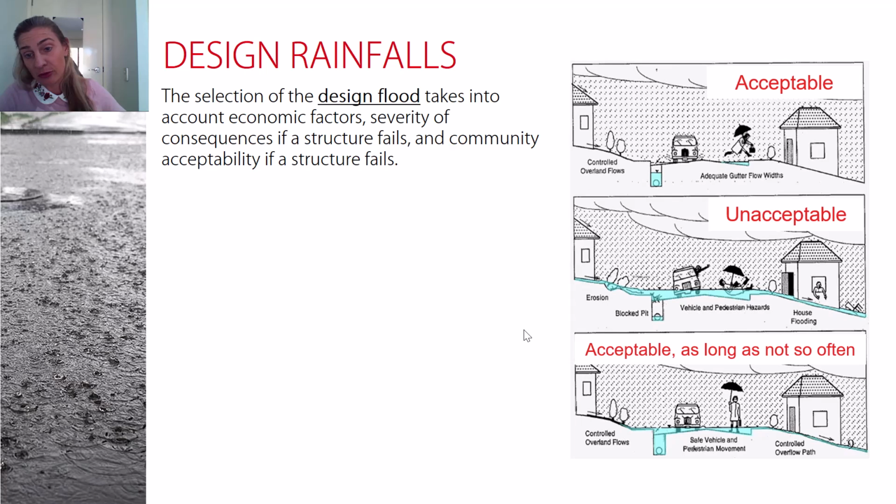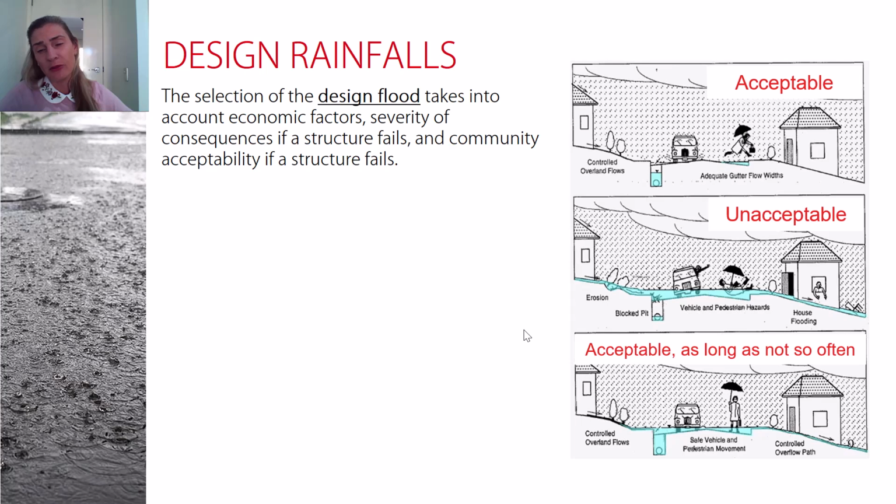The second example is an unacceptable design because it's too small to cope with a large rainfall event that will cause lots of damages, including flooding, inundation of houses, traffic congestion, and other things.